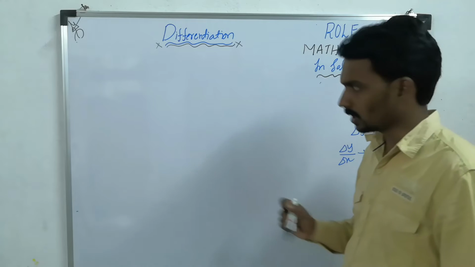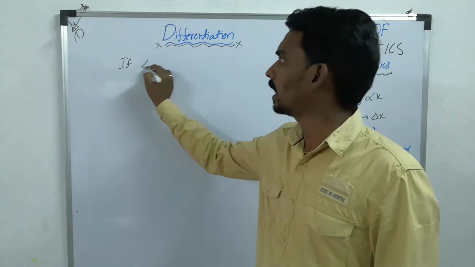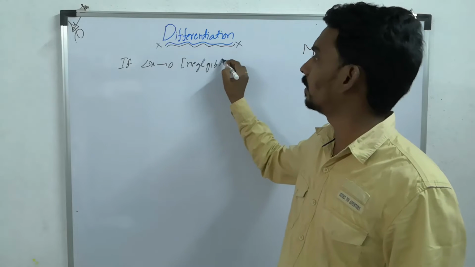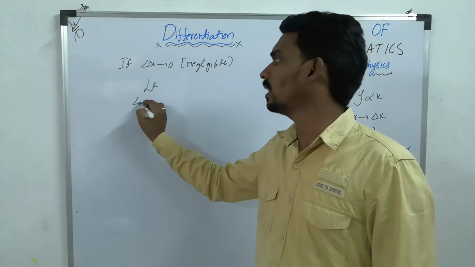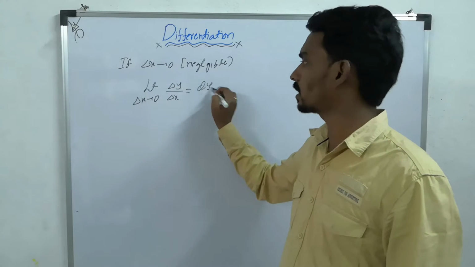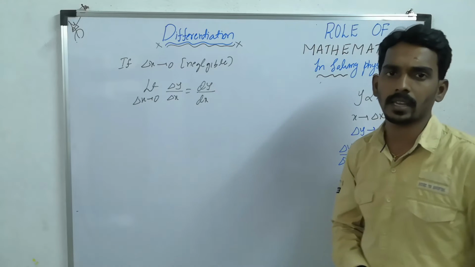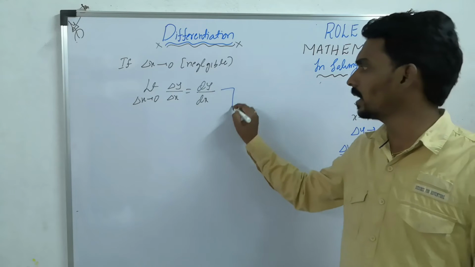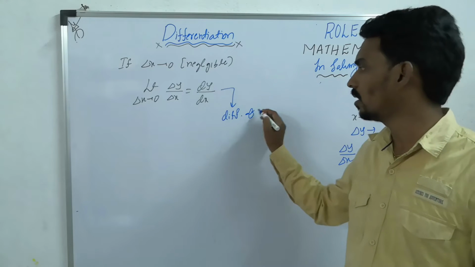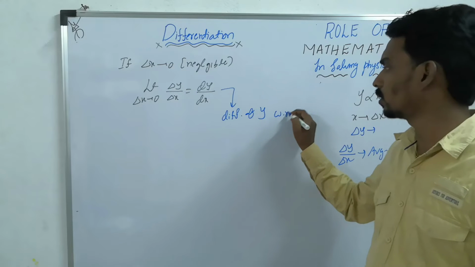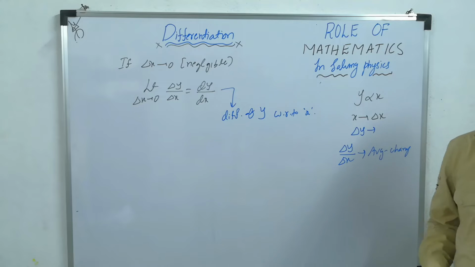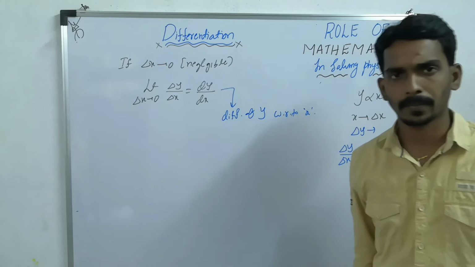Similarly, if delta x tends to 0, almost negligible, then under the limit delta x tends to 0, delta y by delta x can be written as dy by dx. And this dy by dx we will say is the differentiation of y with respect to x.